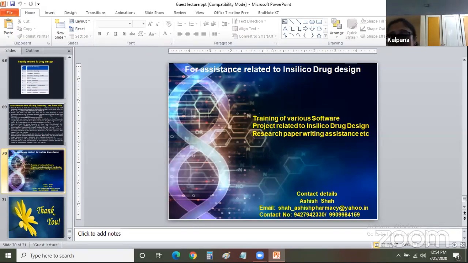So we have seen it divided into structure based design and ligand based design. In structure based design, he spoke about docking and then fragment based design, and in ligand based design he spoke about virtual screening, QSAR, and pharmacophore modeling. We saw a detailed study on how to do docking, the applications of docking, types of docking, and the steps involved in docking.